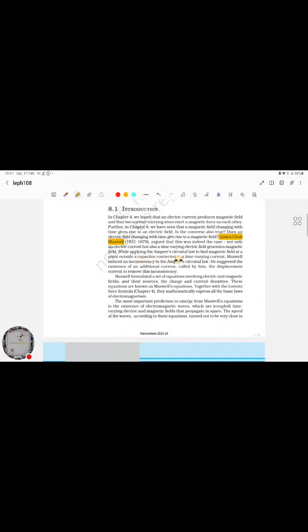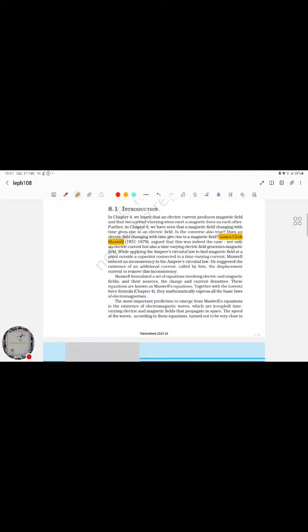While applying the Ampere's circuital law to find magnetic field at a point outside a capacitor connected to a time varying current, Maxwell noticed an inconsistency in the Ampere circuital law. So using Ampere's circuital law, we will be able to calculate the amount of current flowing through a given area of cross section with a closed integral value.